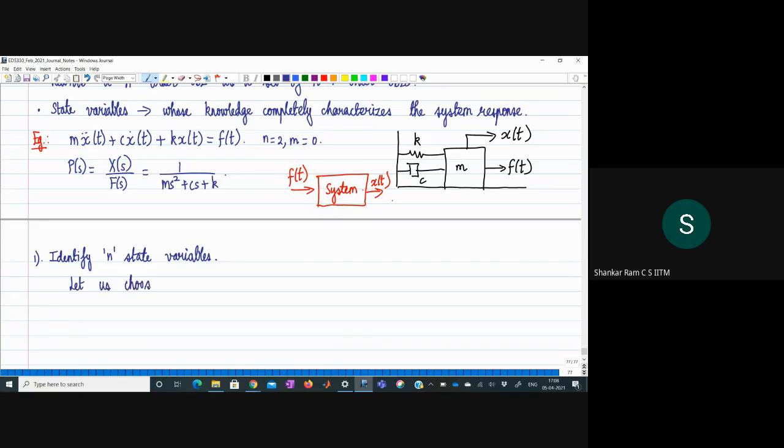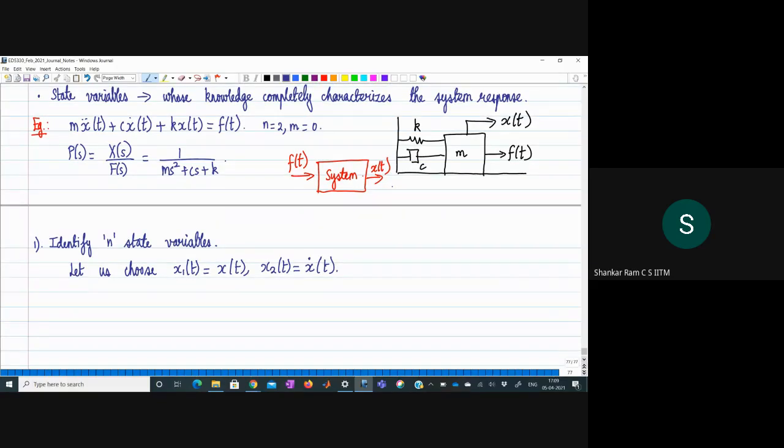So let us choose the two state variables as x1 of t to be x, and x2 of t to be equal to x dot. Typically state variables are denoted by the character x with a subscript to denote the number associated with the state variable.